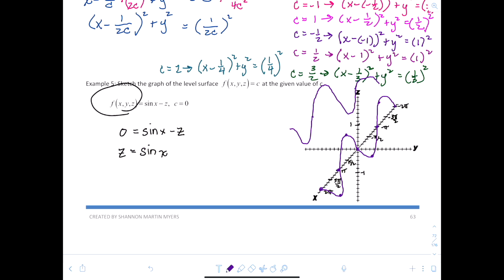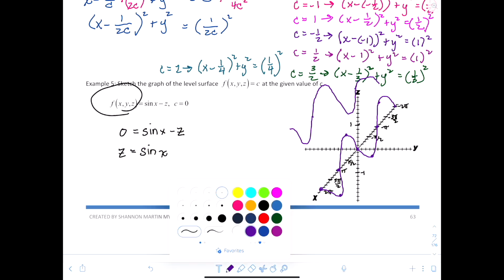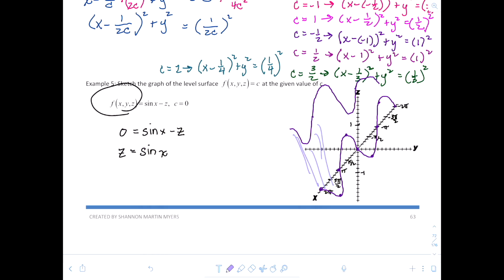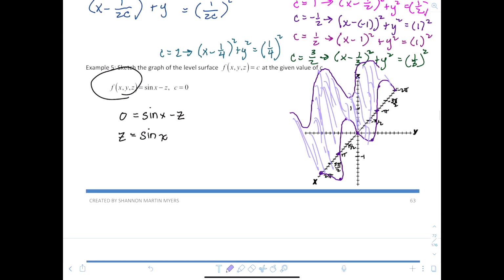I don't know if I like the lines across. Maybe something like this. Cool? And again, that's letting our w, or whatever, f of x, y, z equal to 0. And then we get level curves for that, and it varies across that y-axis.